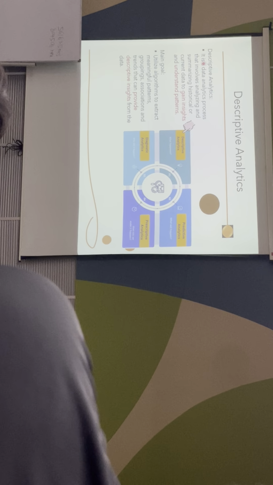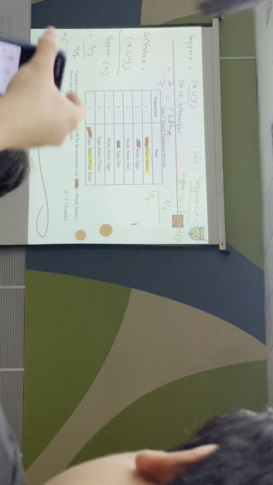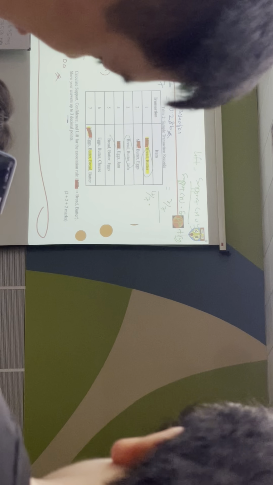Support of X, Y, so 2/7 divided by support of X times support of Y. X is milk: 1, 2, 3, 4, so 4/7, times bread and butter: 1, 2, 3.